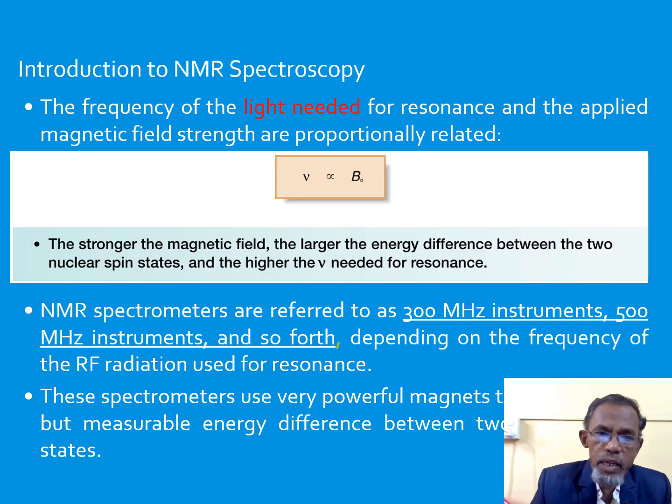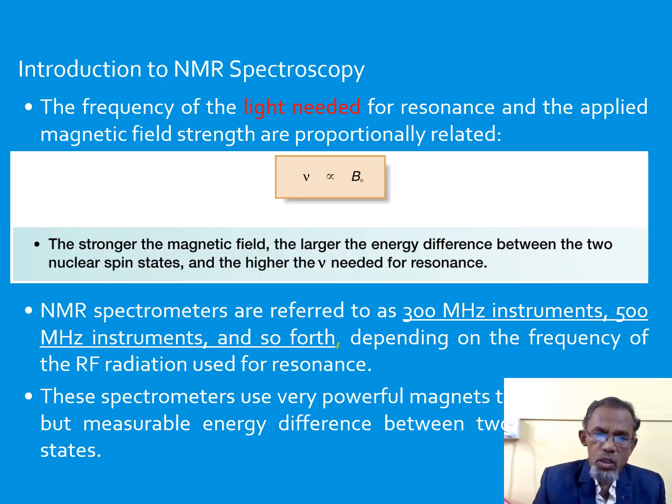The frequency of the light needed for resonance and the applied magnetic field strength are proportionally related: the frequency is directly proportional to the applied magnetic field. The stronger the magnetic field, the larger the energy difference between the two nuclear spin states, and the higher the frequency needed for resonance.